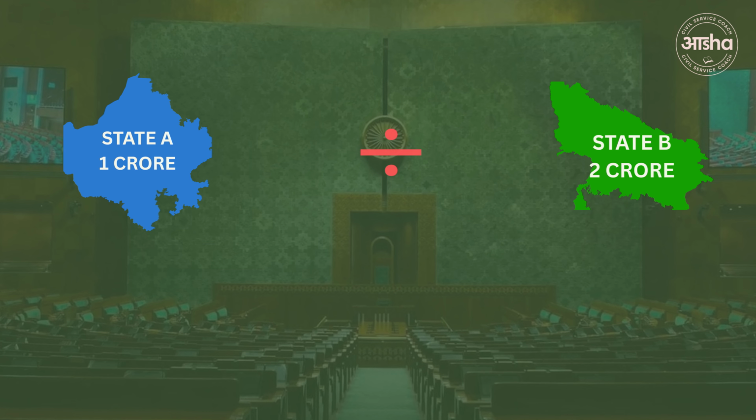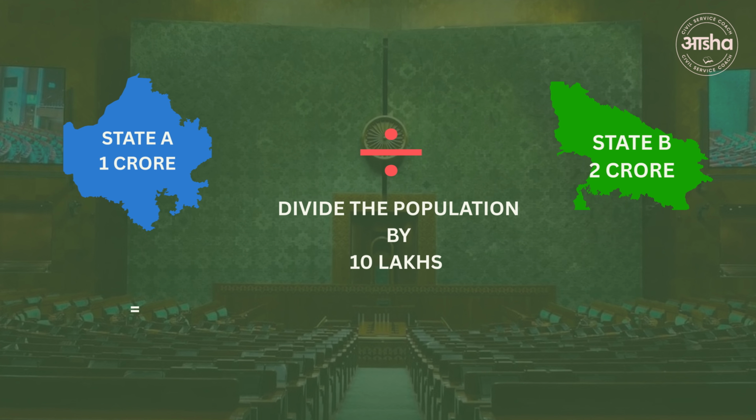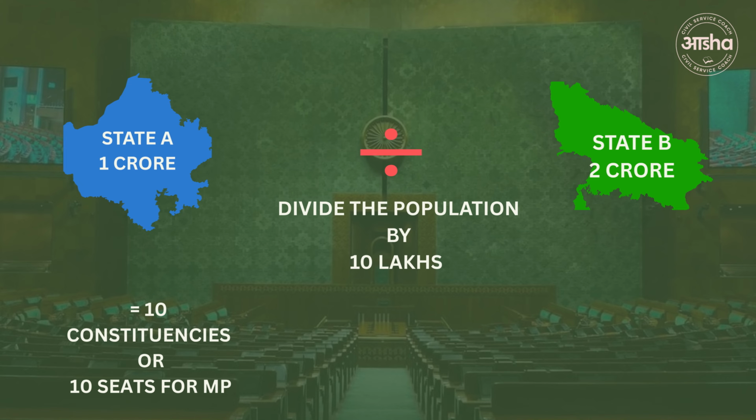So we divide the population of both the states by 10 lakhs. For state A, we get 10 constituencies or 10 seats for MP. For state B, we get 20 constituencies or 20 seats for MP.